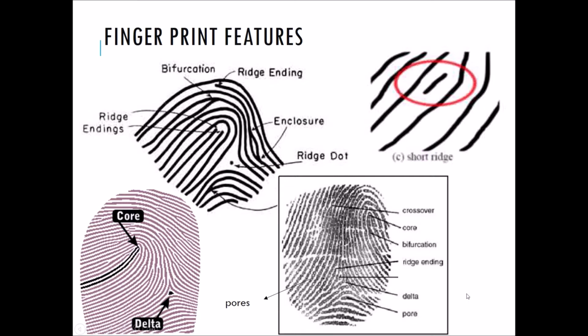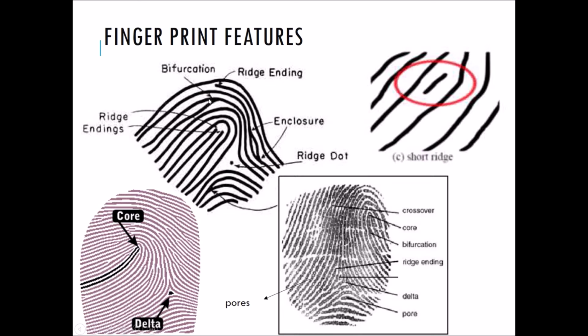Okay, so for example, here these are obviously drawings, but here you can see what you call ridge endings. That's when the ridge appears to come to a sudden halt. You've got bifurcation, and there's an example here of bifurcation. This is when the ridge will fork, so one ridge will split into 2.